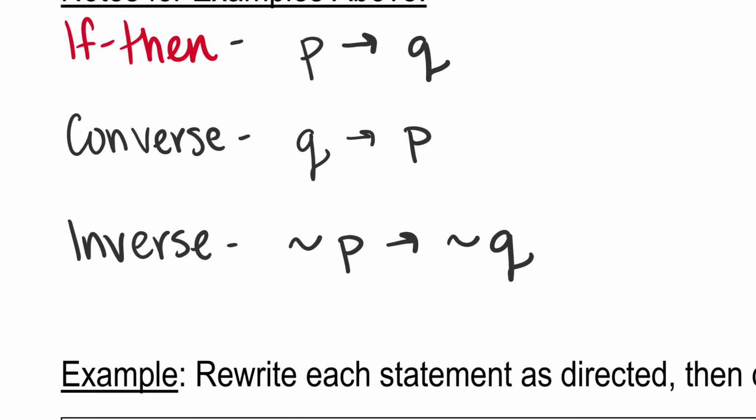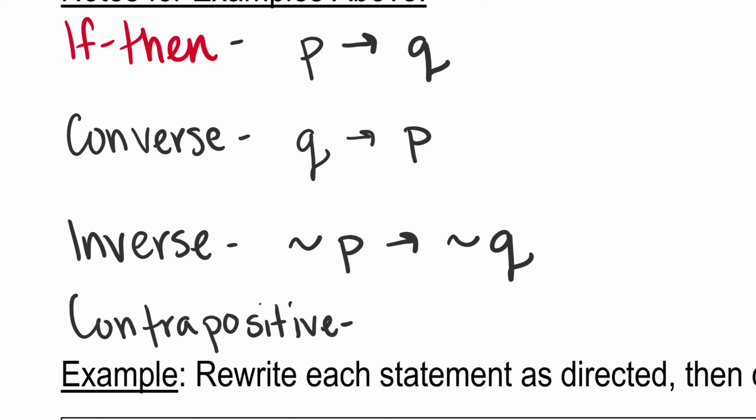And then the last one's contrapositive, which if you see the pattern, maybe you've already figured this one out. I'm going to do the converse, so I switch P and Q, and I also negate both.